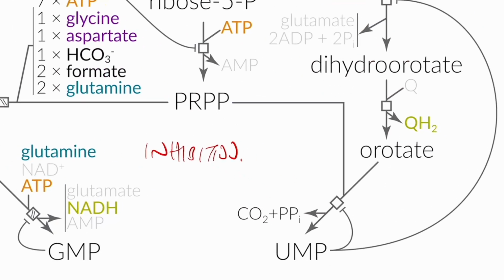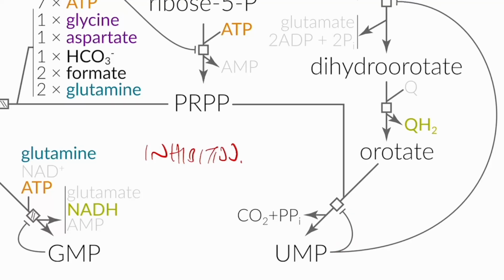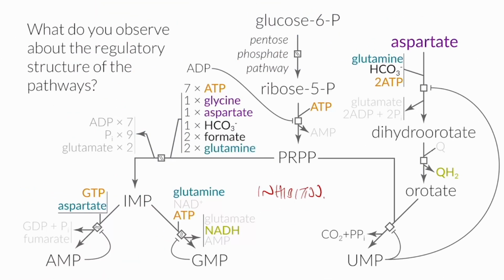We see that UMP is inhibiting its formation. And it's even inhibiting up here, all the way up here before making orotate. And finally, we see that ADP is inhibiting the formation of PRPP. So we have this structure where there's a primary role for inhibition. We're going to dig into these specific regulatory steps now, one by one.